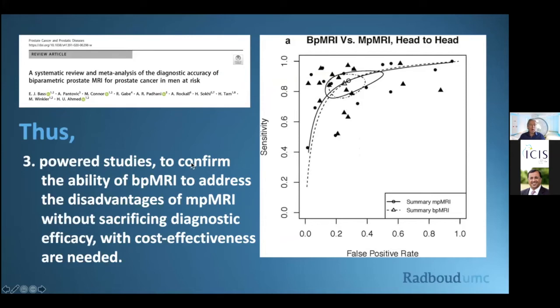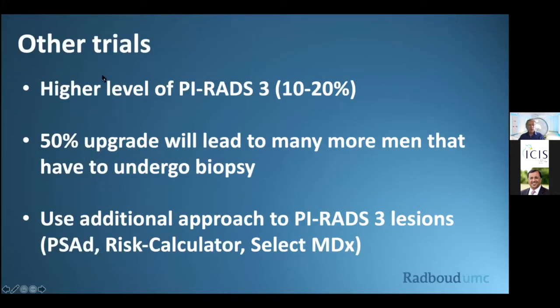Furthermore, powered studies are needed to confirm the ability of biparametric MRI to address the disadvantages of multi-parametric MRI without sacrificing the diagnostic efficacy, with cost effectiveness evaluated. Other trials have shown that there is a higher level of PIRADS 3 diagnosis. I will come to that in a few minutes because this is important.